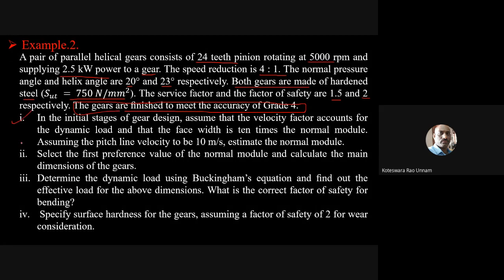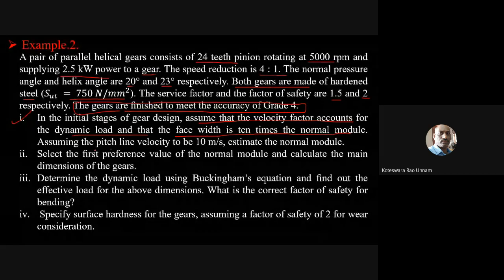Now the first part of the question is: in the initial stages of the design, assume the velocity factor accounts for the dynamic load and that the face width is 10 times the normal module. Assuming the pitch line velocity is 10 meters per second, estimate the normal module.